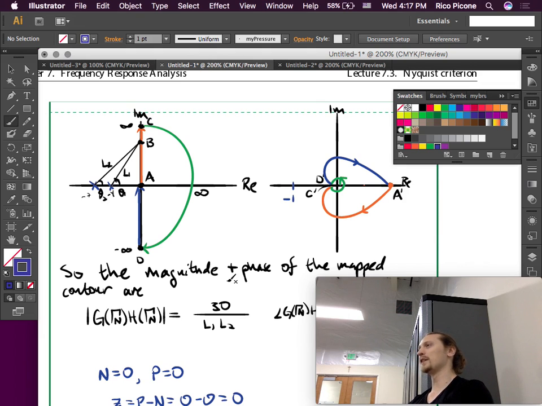So we learn all this stuff in terms of Nyquist, but then at the end of this I'll say, oh yeah, and guess what? You can do the same thing with Bode plots. And a lot of people are more comfortable with Bode plots than Nyquist plots. Although there's really nothing, I mean, they're just different representations of the same thing, right? Magnitude and phase of the transfer function. Okay.